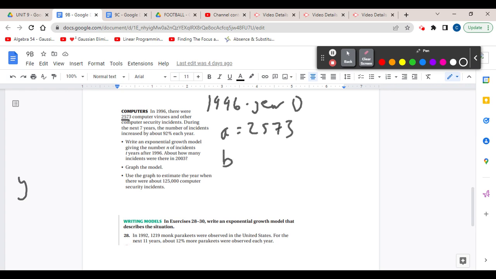Our B, remember, is going to be 1 plus our rate. Well, what's our rate? The number of incidents increased by about 92% each year. So we're going to add 92% to that, or 0.92. So our B is 1 plus 0.92, which is equal to 1.92.